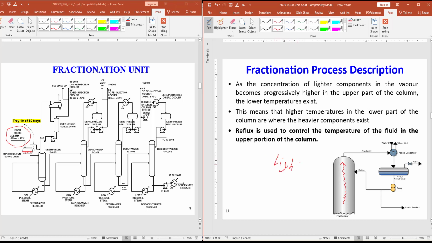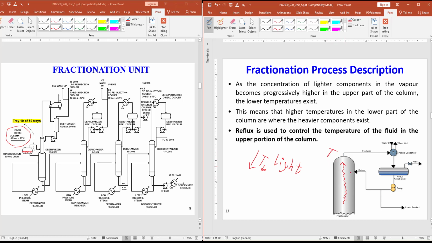On the other hand, light products, light molecules, they have lower boiling point, right? Light products like alcohol have lower boiling point compared with something like water. So since the boiling point will decrease, we have light product, that's why the temperature also decreases. So temperature, once we go up, will also decrease.